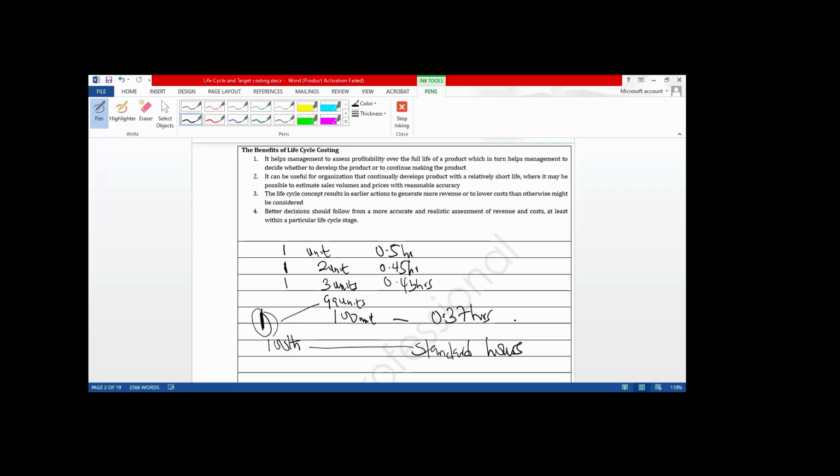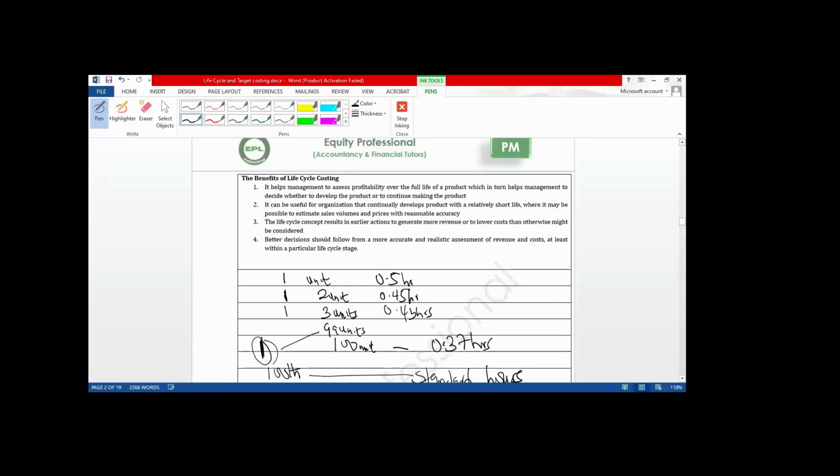Examiner says, give me a revised life cycle cost per unit when you have gotten to 100 units. Your thought is not the examiner's. You can't bring your thought to a question. It is the question's thought you are going to stick to. You cannot import your thoughts to a question.